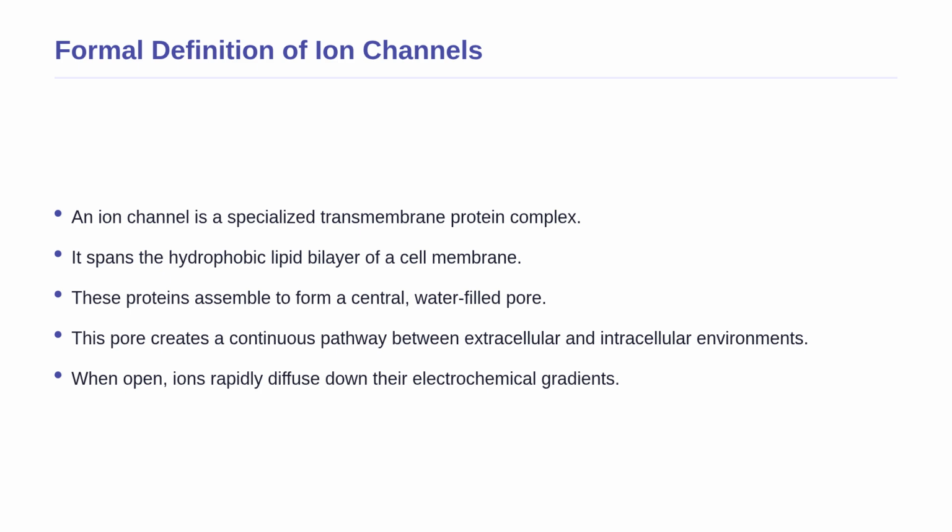These proteins assemble to form a central, water-filled pore that creates a continuous pathway connecting the outside of the cell to the inside. When this pathway is open, it allows ions to rapidly diffuse down their electrochemical gradients. This movement of charged particles is exactly what generates electrical currents across the cell membrane, turning a biological cell into a tiny electrical device.